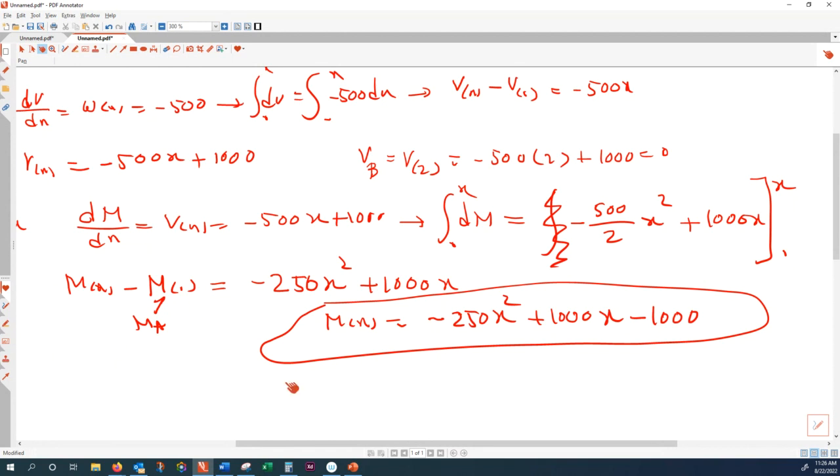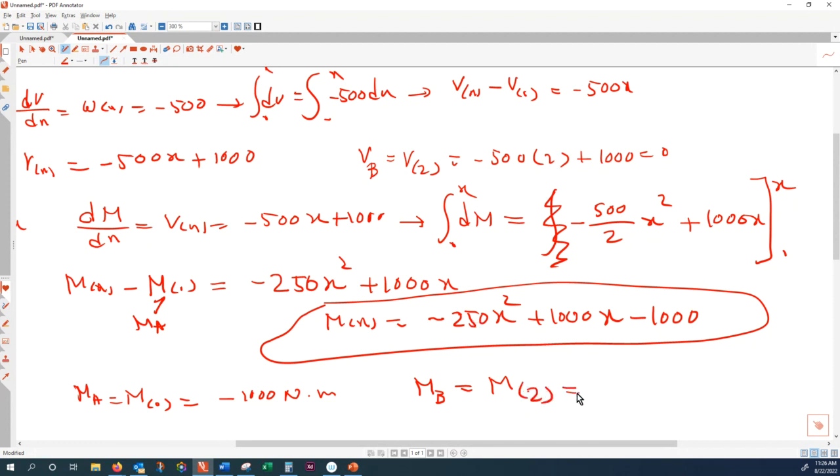Who can tell me how do I find the bending moment at the starting point? So M of A, that is M with x equal to 0, that is minus 1000 Newton meter. And how do I find the end value of bending? That is M at point B, which is M at x equal to 2.